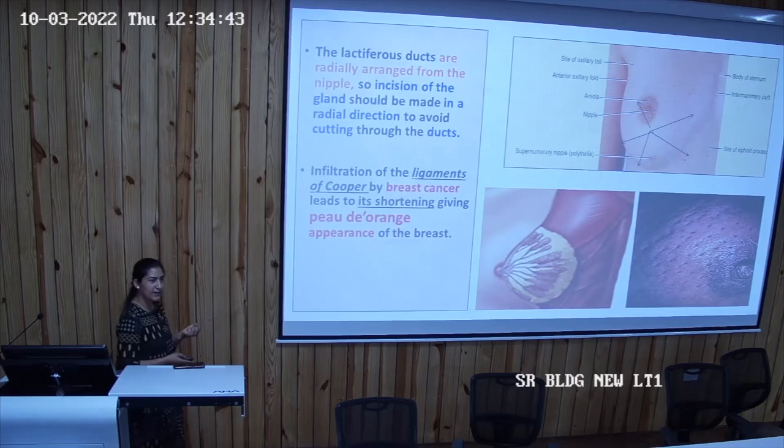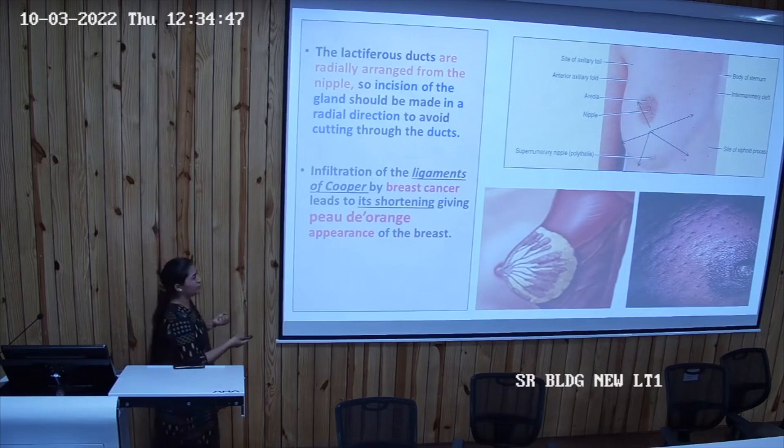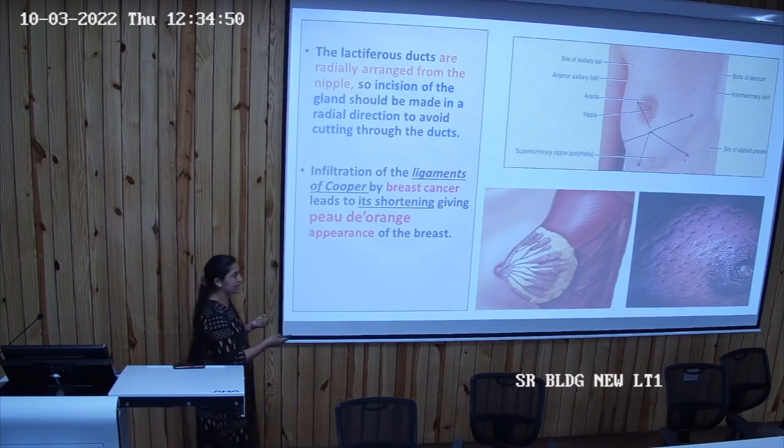It will retract back, and when there is a metastatic carcinoma in this area, that is the glandular tissue and stroma, there is a lot of edema in the underlying tissue, which allows the skin to swell. So one thing is causing the swelling, and another thing is retracting it back to the skin.